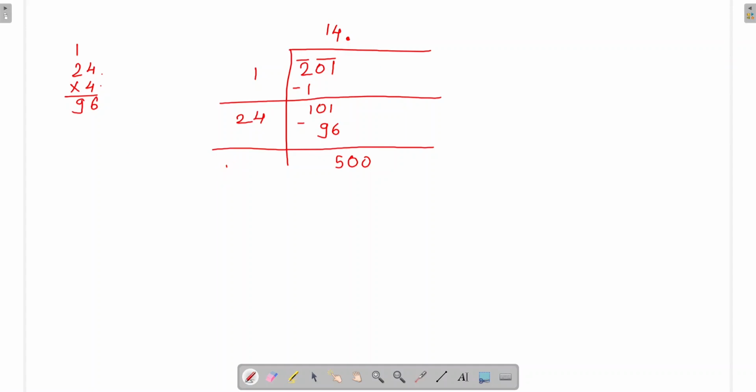So 14 we have to double, that is 28, so 281 1s are 281. Okay, then what will remain? 219.